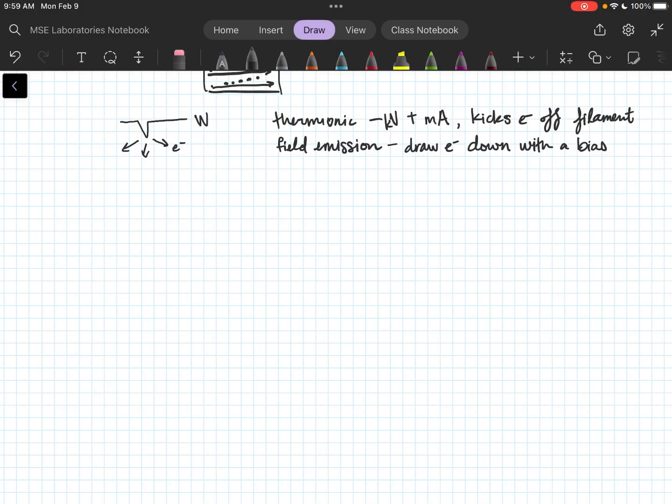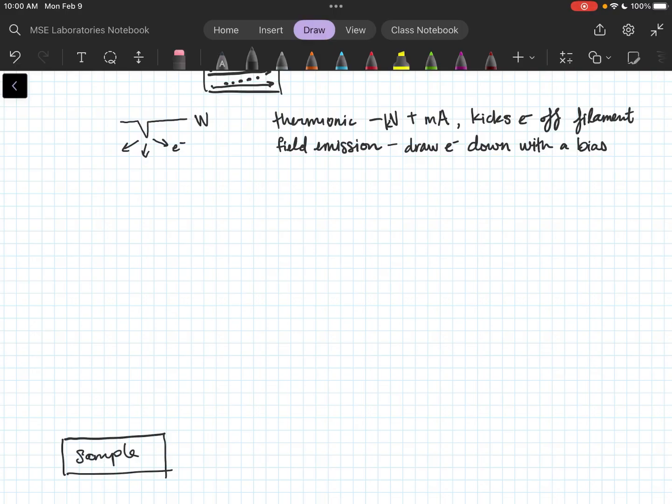So we're going to talk more specifically about thermionic because that's what I know more about. But a lot of the guts are going to be fairly similar. So moving forward, no matter what method we're using, we now have these electrons, and we want to make sure that they come down. Let's say our sample is down here.